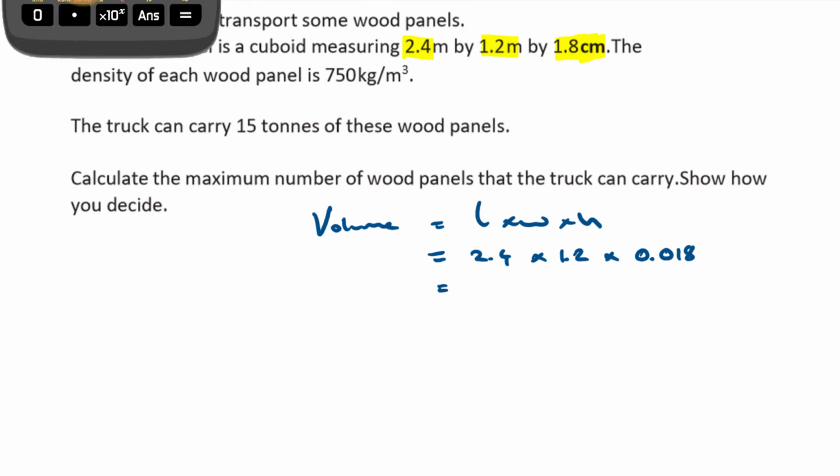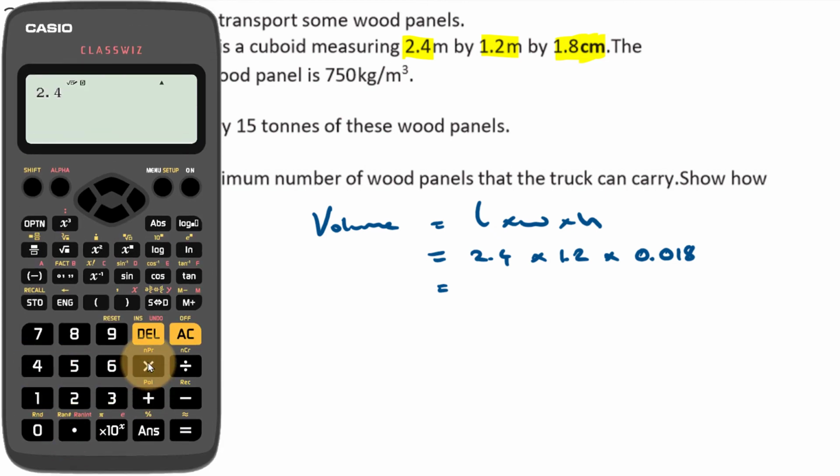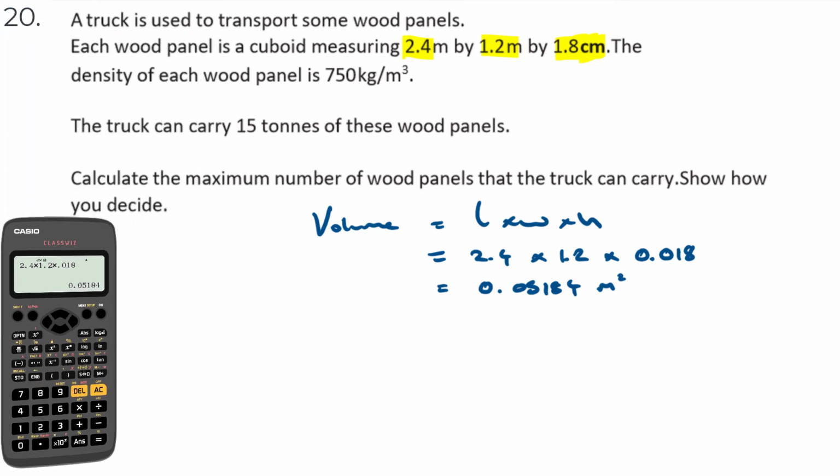So 2.4 times 1.2 times 0.018. That means that each panel is 0.05184 of a cubic meter. Then the density of each wood panel is 750 kilograms per cubic meter.